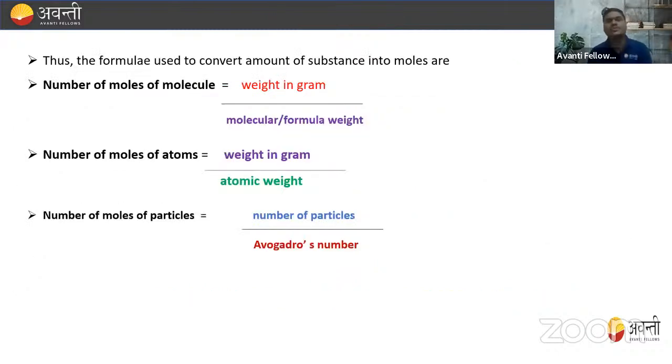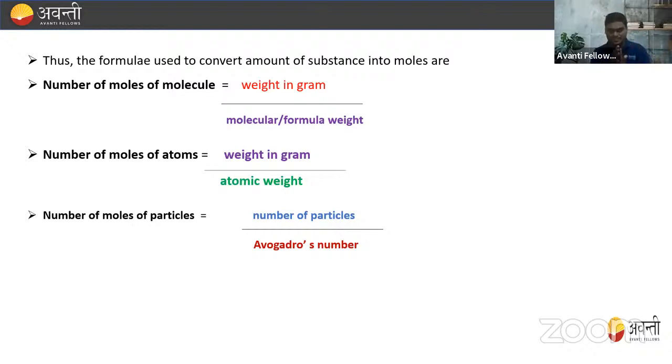Thus, the formula used to convert the amount of substance into mole is, this is very important, right? कि कौन सा formula हम लोग calculate करेंगे? What are the formulas used to convert amount of substance? देखो, there is a very good practical application of mole. The good application of mole is we can convert mole into gram, gram into mole.